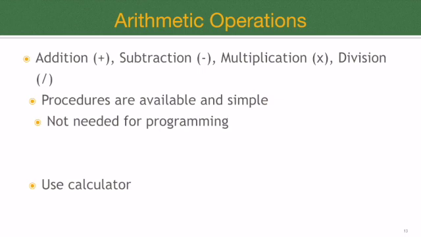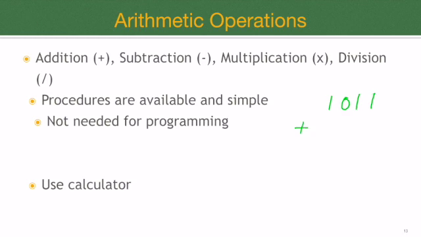Their procedures are similar to the decimal number procedures, so I'll not go through these details. Generally, understanding the procedures is not required for programming, and we can use a calculator to perform those computations. So I'll skip this portion, but I'll just show one example to draw the equivalence between binary and decimal numbers.